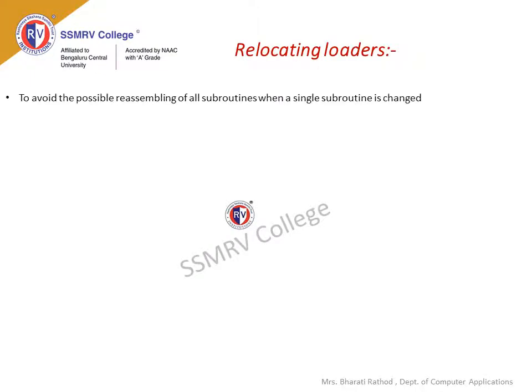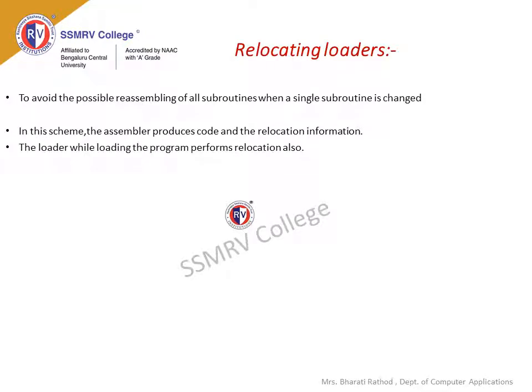Relocating loaders. The purpose of relocating loaders is to avoid the possible reassembling of all subroutines when a single subroutine is changed. Definition: in this scheme, the assembler produces code and the relocation information. The loader, while loading the program, performs relocation.